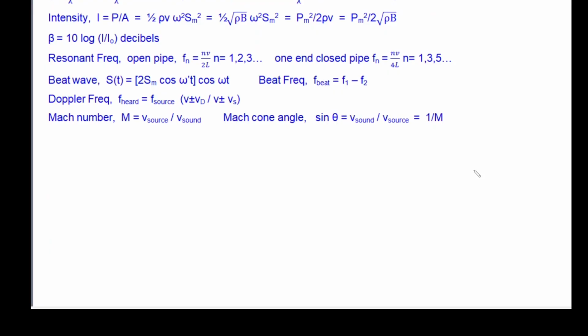Let's look at sounds we hear from musical instruments. We can set up standing waves with sound. Sound waves can reflect back at the end of a pipe, whether that pipe end is open or closed. At certain resonant frequencies, we will get a standing wave in that pipe.